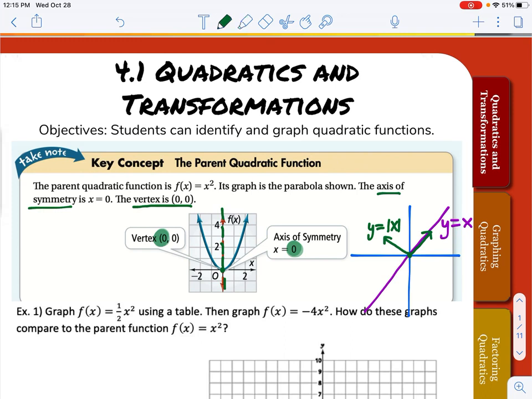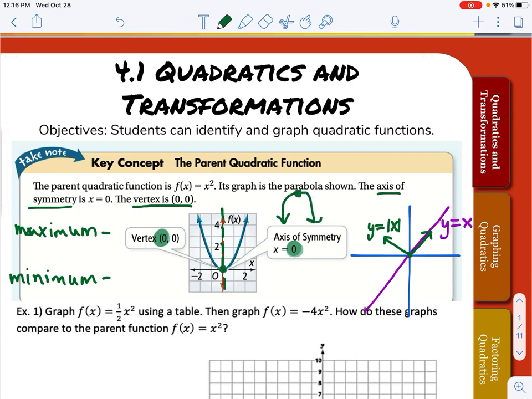We also have something called a maximum point and a minimum point. Each quadratic will have either a maximum or a minimum. So our maximum would be if the graph was this way. It's the highest point here.